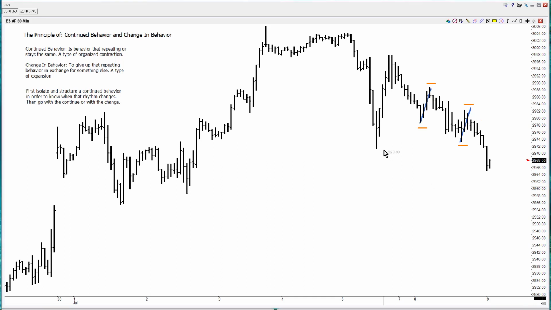So notice I don't have two same size swings of this or of this or of this. And this shows us, without having a crystal ball or making a bunch of predictions, that the players in this market have organized themselves up to show themselves. They're showing themselves in some way by doing a continued repeating behavior.